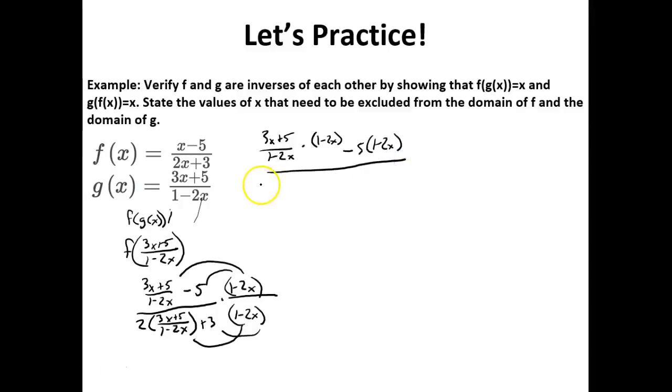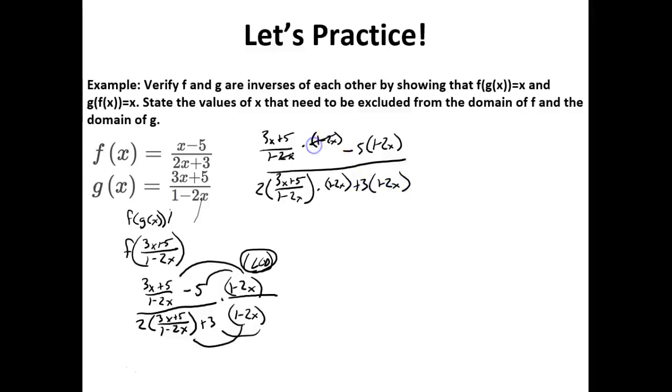When I distribute on the bottom, we have 2 times the 3x plus 5 over 1 minus 2x times the 1 minus 2x, because I'm distributing this to both pieces. I'm multiplying top and bottom by the LCD, the least common denominator, is what I'm doing. And then distribute it to the 3, so we have plus 3 times 1 minus 2x.